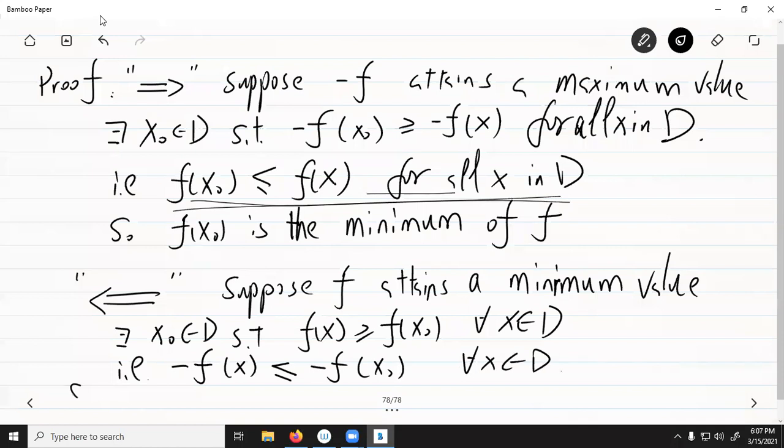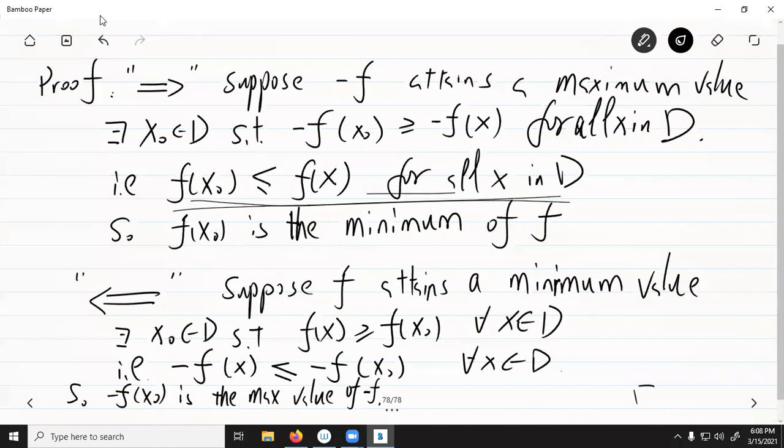So negative f attains negative f of x0 as the maximum value of this function, negative f.